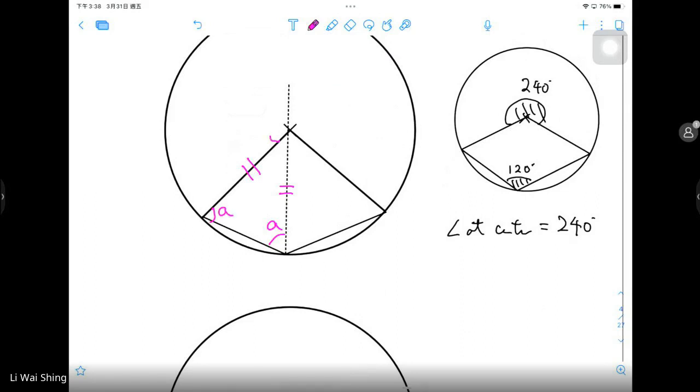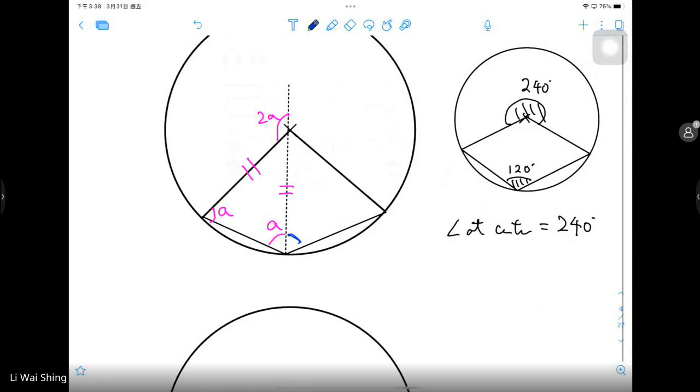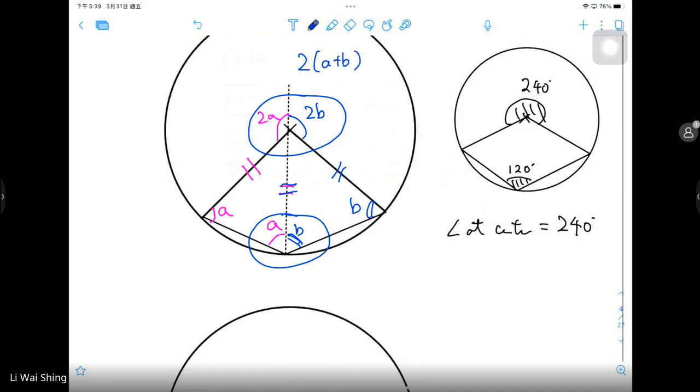The exterior angle of a triangle tells you that this is equal to 2A. For the right side part, this is equal to B. These two are radii, so this is also equal to B. Using the exterior angle of a triangle, this is equal to 2B. The angle at center is 2 times A plus B. What about the angle at circumference? A plus B. Done. Finished.